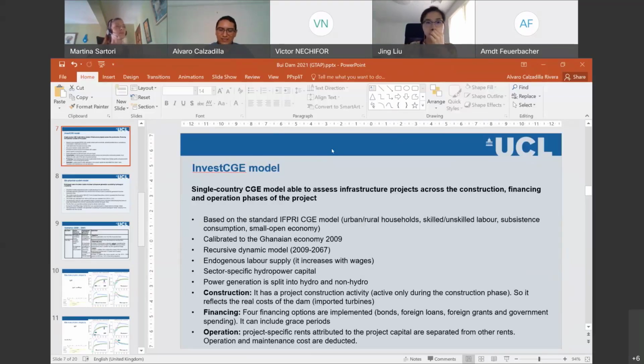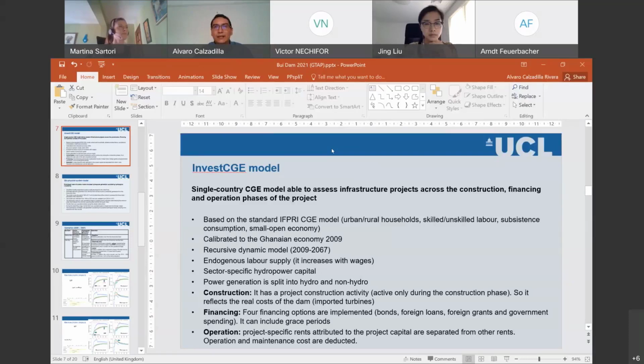I can go first and then Victor, if he can as well. Because we do know how much the loans are, we treated the foreign savings as exogenous. And this implies that the exchange rate needs to be endogenous, free to adjust. That is the reason we have these appreciations or depreciations of the local currency.